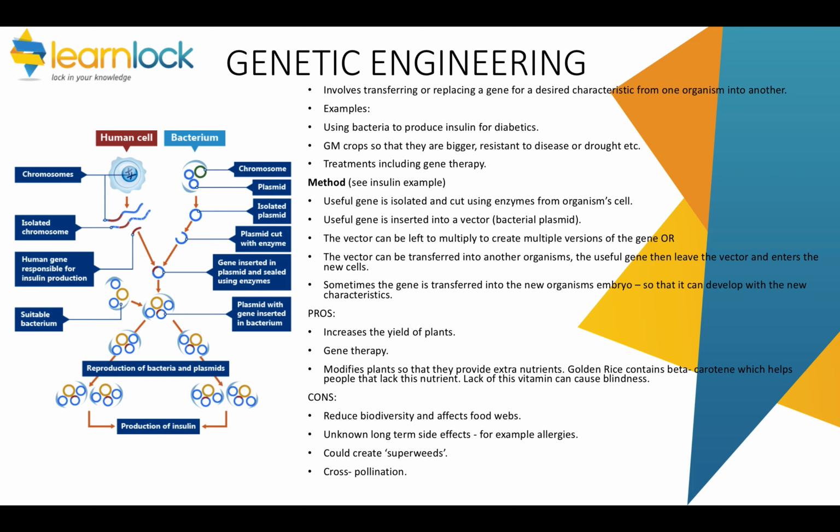Now the issues are, if you start to affect the amount of organisms in a particular area, it could affect the other organisms that already live there. So it could affect food webs. So if one population of food goes up, another could go down, and it could result in some species actually being reduced. So it could reduce biodiversity.